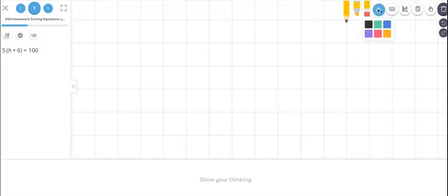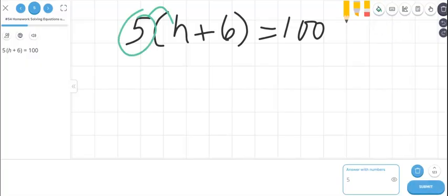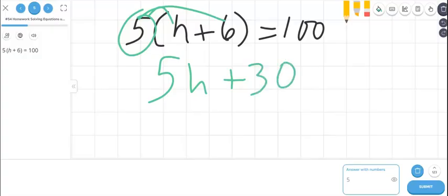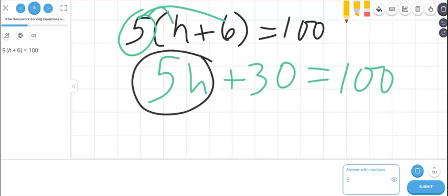Alright, this one's not too bad. Let's see. 5 parentheses h plus 6 equals 100. So we gotta distribute the 5. So 5 times h is 5h plus 5 times 6 is 30 equals 100. Then we have to get rid of the 30. So we go minus 30, minus 30.